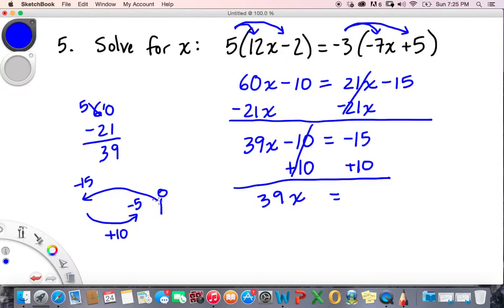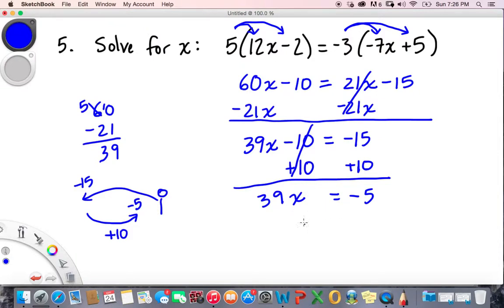Remember, you can think about it as, since this is a bigger negative number, the bigger of the two numbers minus the smaller of the two numbers, and then keep the sign of the bigger number. For instance, 15 is bigger than 10. So if I do 15 minus 10, since one is negative and one is positive, 15 minus 10 gives me 5. The bigger one is negative. That means the answer is going to be negative 5. Again, just another trick for adding numbers to negative values.